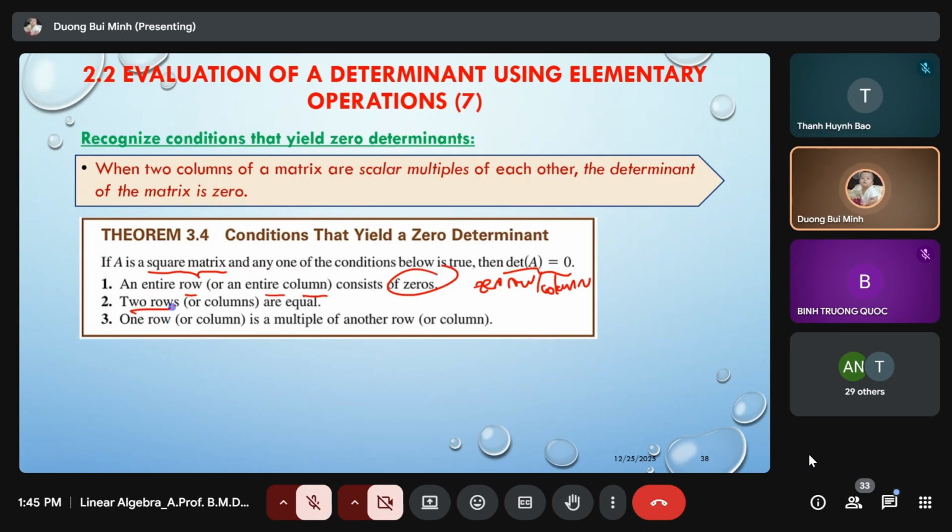Two rows or columns are equal. One row or column is a multiple of another row or column. So if we can recognize some properties like this, we can conclude directly that the determinant of the matrix is zero.